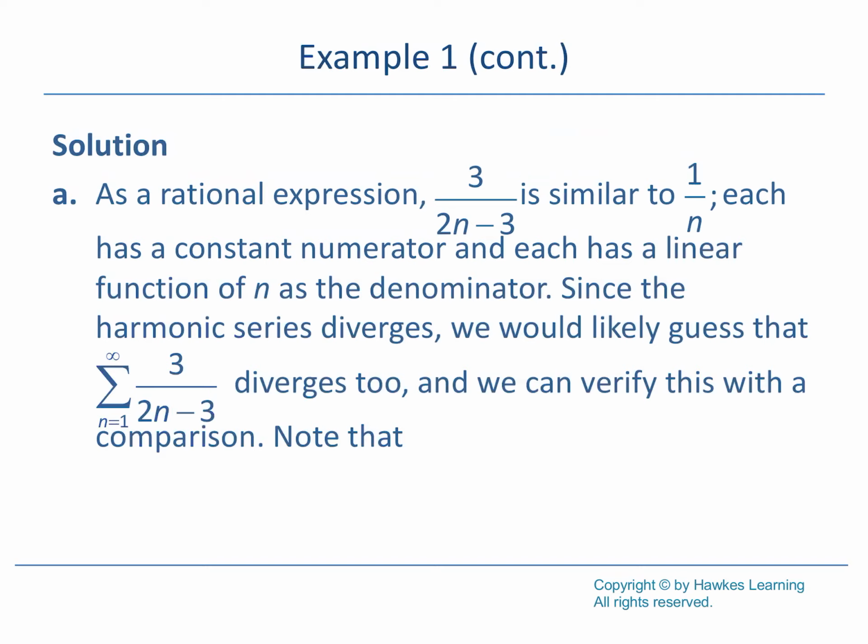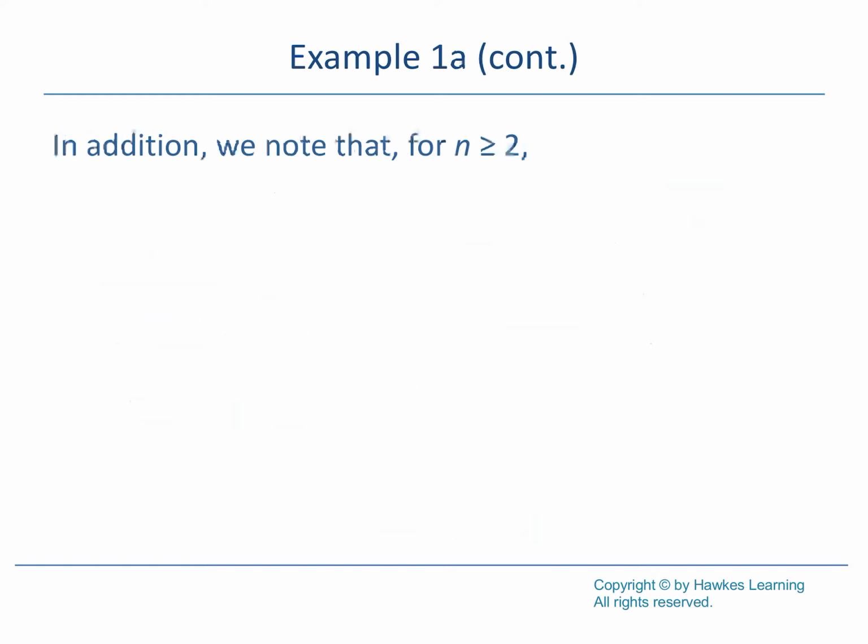Let's take a look at the solution for part A. Yeah, rational expression, those are similar. We've already said that. What we really need to check is just to see if the terms in this series actually are larger than the harmonic series.